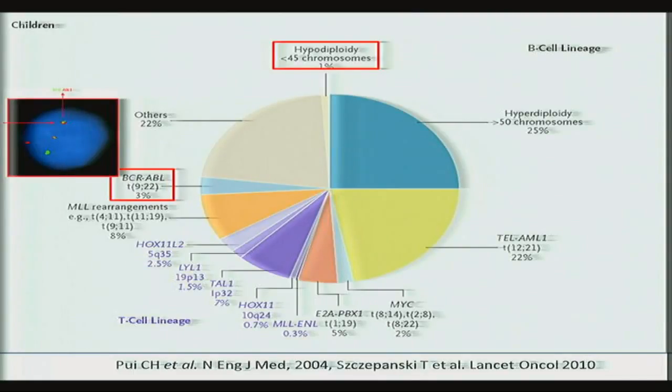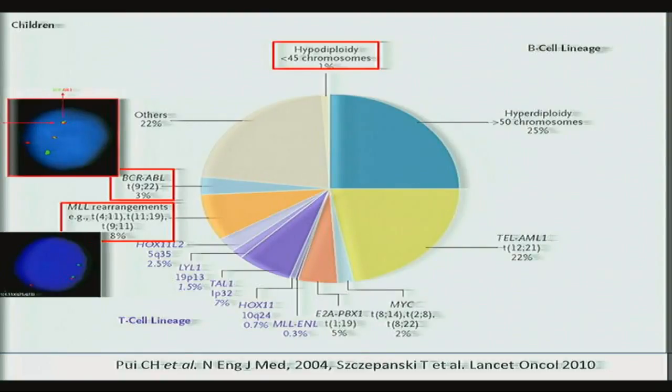BCR-ABL fusion is mostly observed among patients with chronic myelogenous leukemia, but in a tiny percentage, just 3% of patients with acute lymphoblastic leukemia, can have this lesion, and this is also a poor prognostic marker.